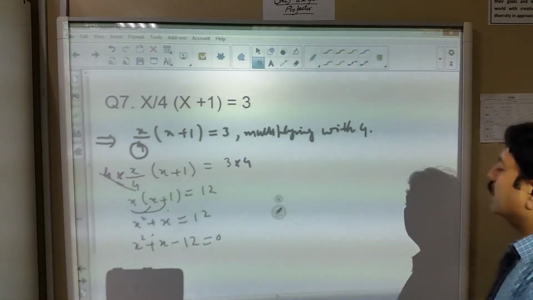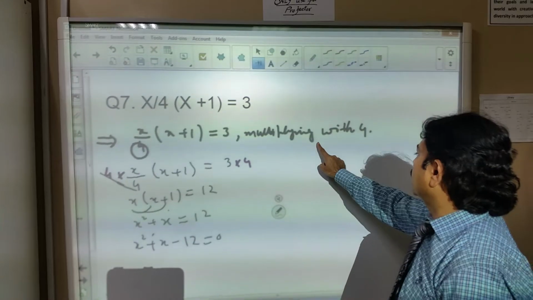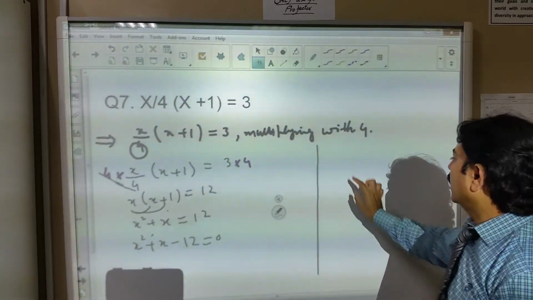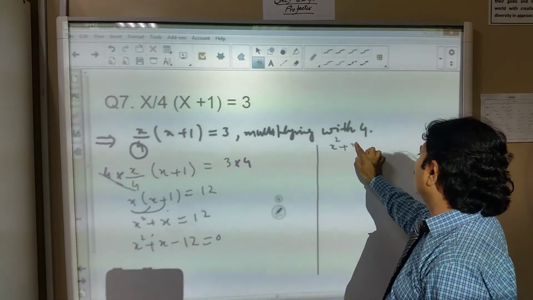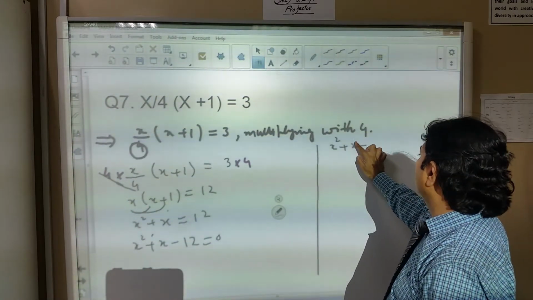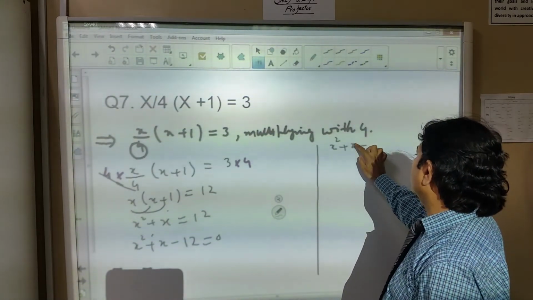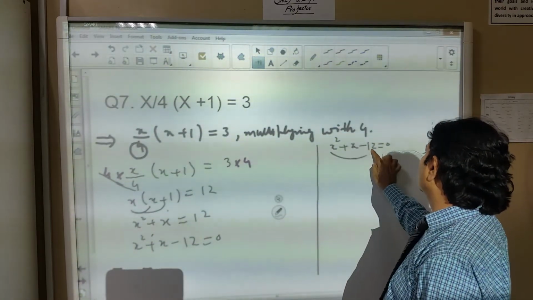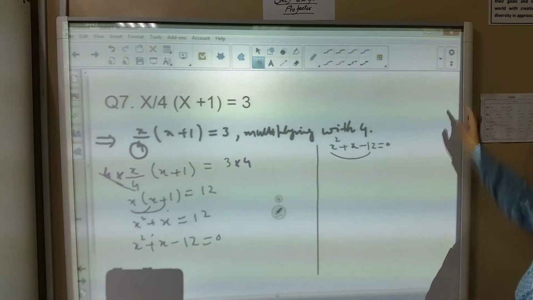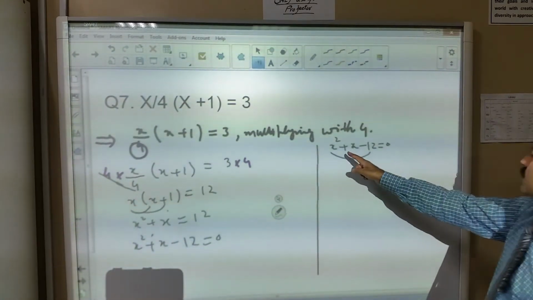Now we shall factorize it here. So I shall write it here, x square plus x minus 12. Multiply the first with the last one and write it on the side: minus 12x square.